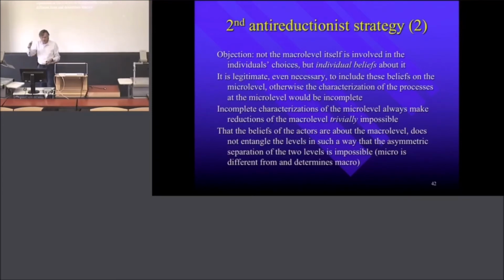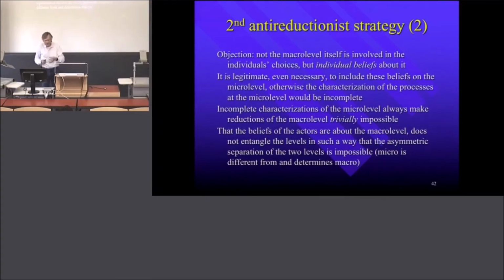Asymmetric: micro is different from, and it determines, macro, right? The micro level determines macro, clearly. I mean, there are no degrees of freedom at the macro level, you know, where the aggregated quantities can do anything without micro agents doing anything.